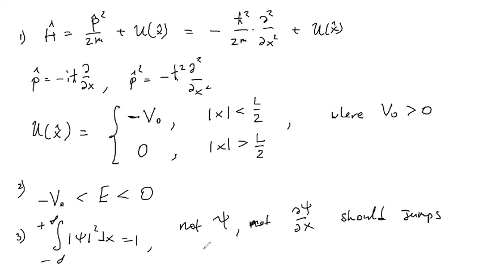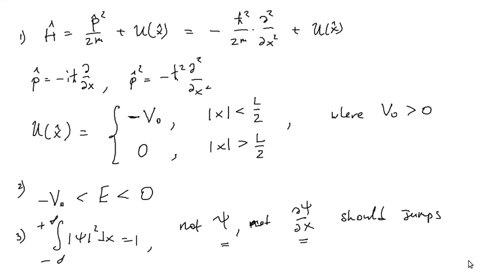This is an important condition: there are no breaks or jumps in the wave function and its first derivatives. This is a little less trivial, but I can maybe show later why the wave function and the first derivatives should be continuous. So this slide prepares me to start solving the Schrödinger equation.